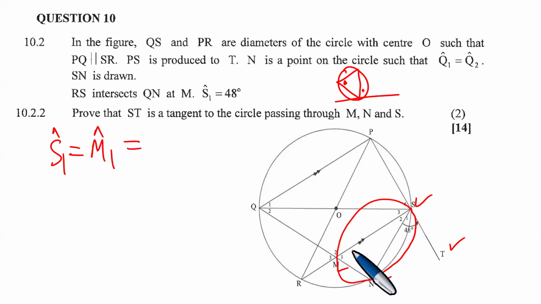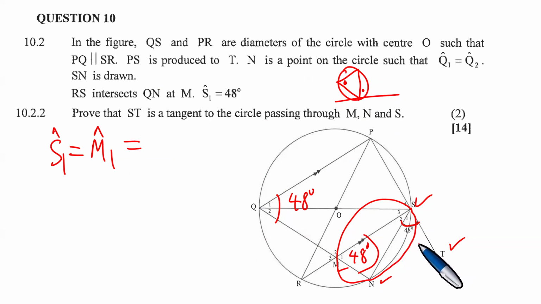We know that angle M1 is already 48 degrees, and this one is 48 degrees, because we know that angle Q is 48 degrees. We have already dealt with that one.